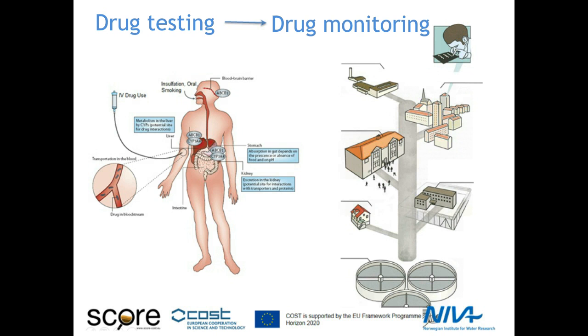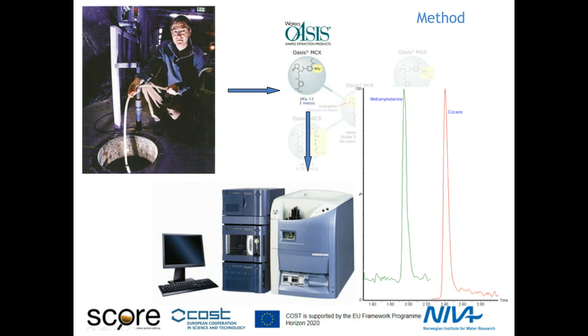In wastewater analysis we tend to use exactly the same techniques as used in hospitals for forensic toxicology, or indeed by WADA for anti-doping. We have the same analytical instrumentation, and we use roughly the same techniques. Basically, we collect a sample, and then we pre-concentrate that sample, most often via solid phase extraction. And then we run LC-MS or GC-MS analysis on that. It's very, very similar to forensic toxicology in that respect.